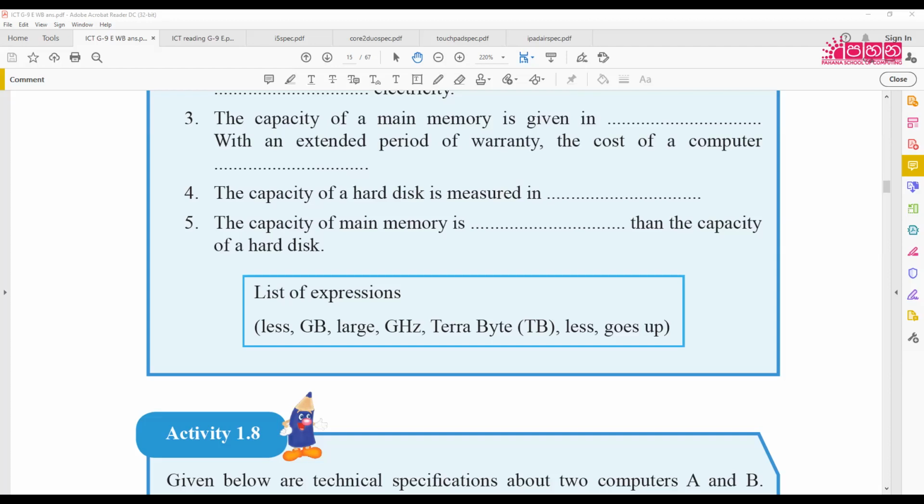Okay, wait for the game pin. Right. Okay.